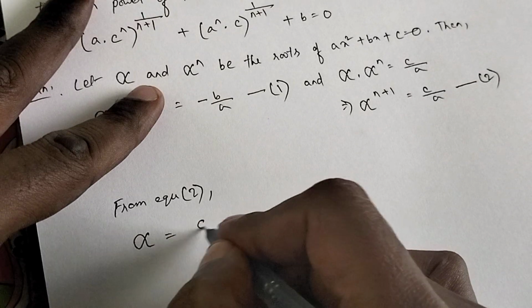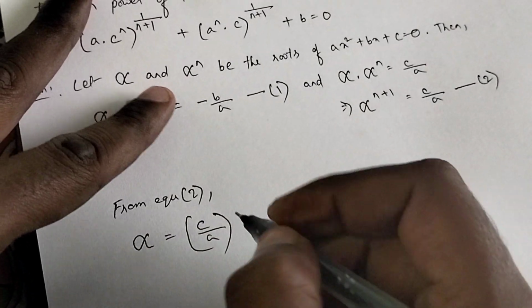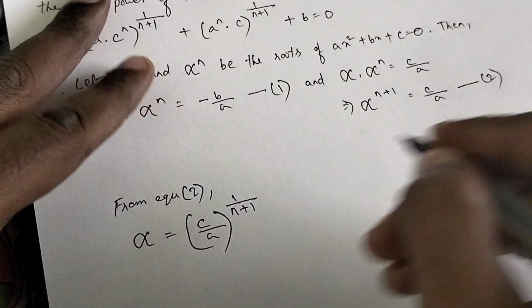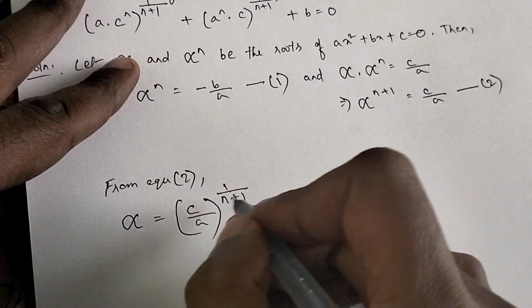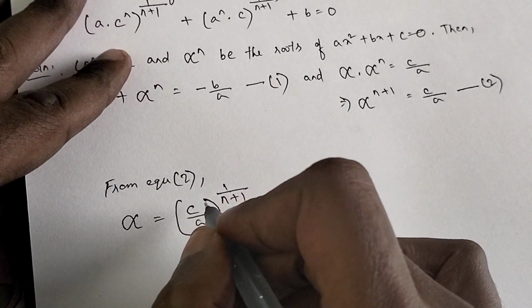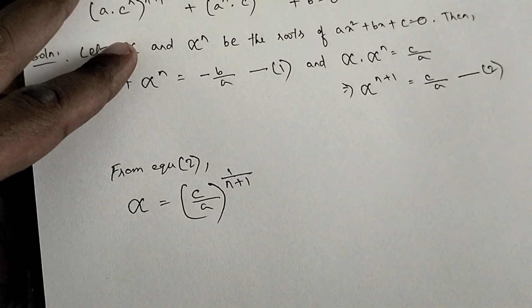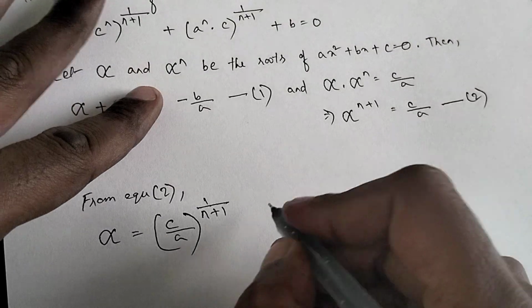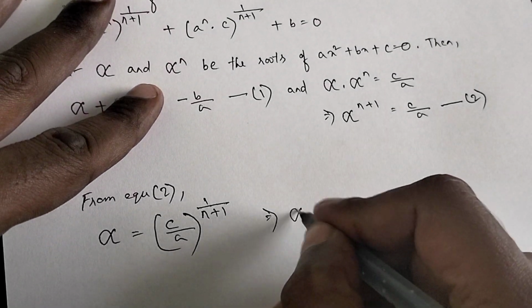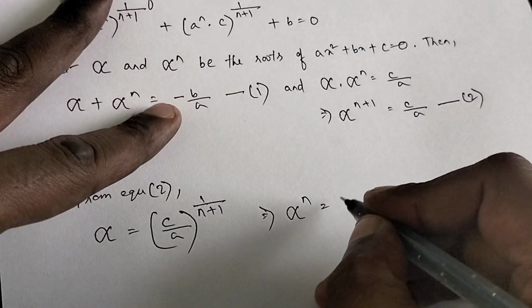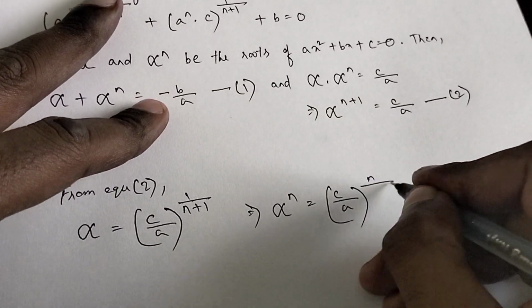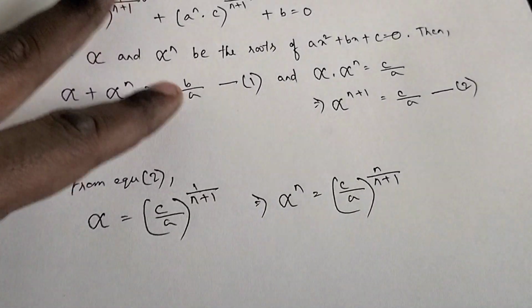Alpha will be (c by a) to the power 1 by n plus 1, and alpha to the power n will be (c by a) to the power n by n plus 1, right?